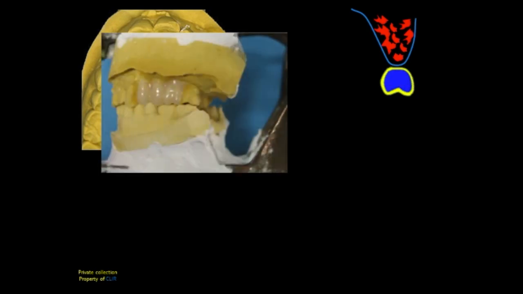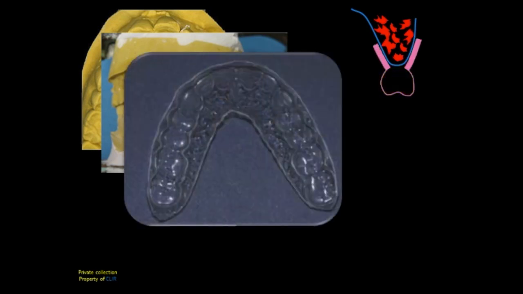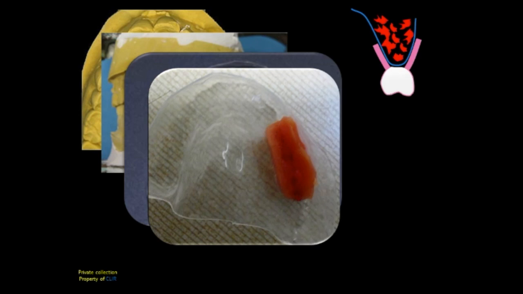Dear colleagues, in order to fabricate the guide, we must take an impression and pour it into plaster. Then the prosthodontist will replace the missing teeth according to the 3D positioning of the future crowns. A wax-up is done over the model and the missing teeth are filled with cold resin.